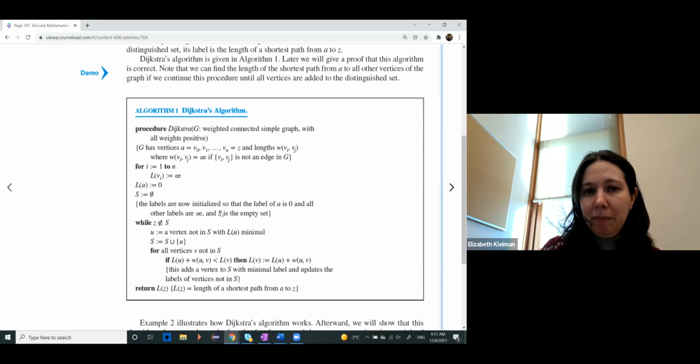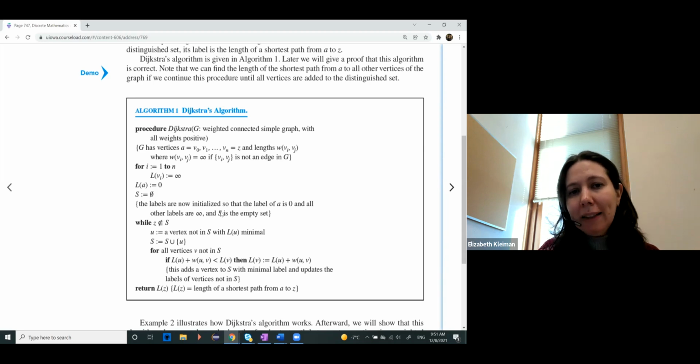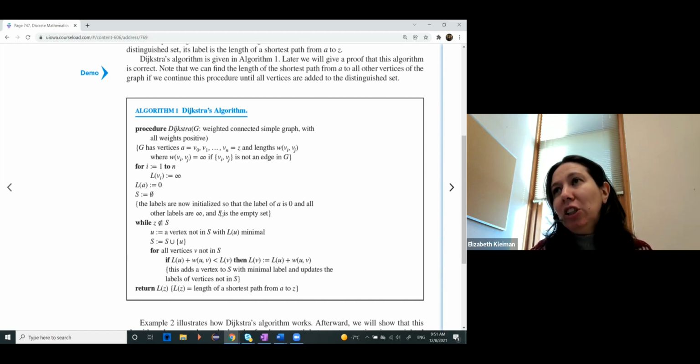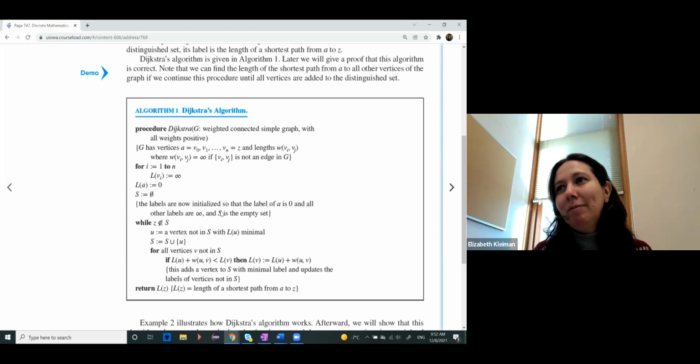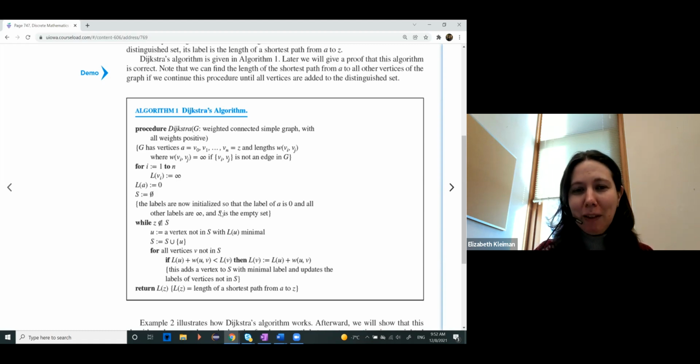Now, we might have W of Vi and Vj be infinity if we do not have that edge in G. So we can assume all edges are out there; it's just infinity if we do not have the edge. That makes sense? Because we do not want to take it. Infinity is already bad. We probably can do better, correct? So we want to ignore it.